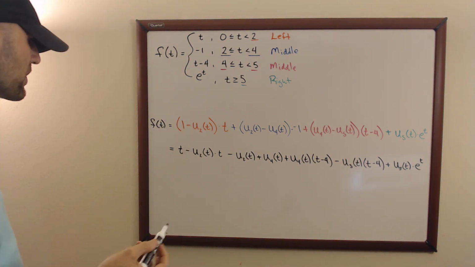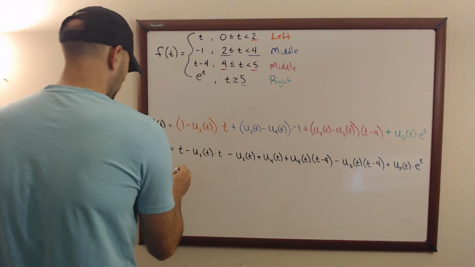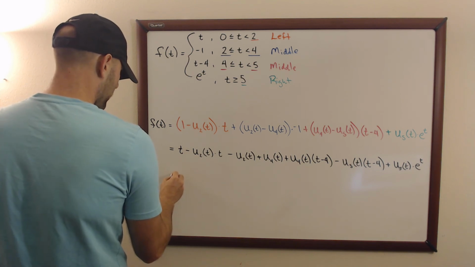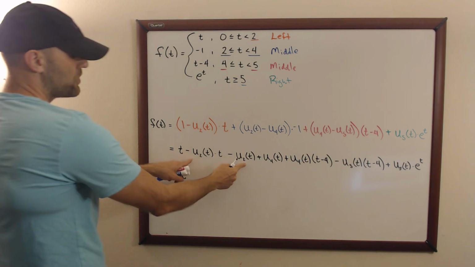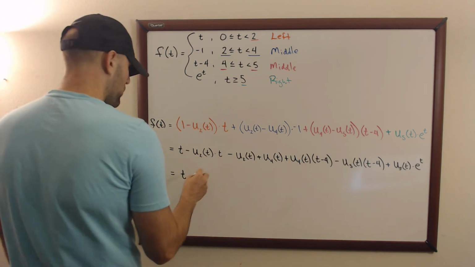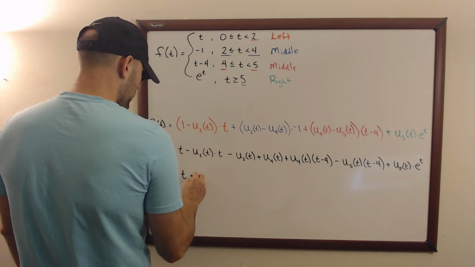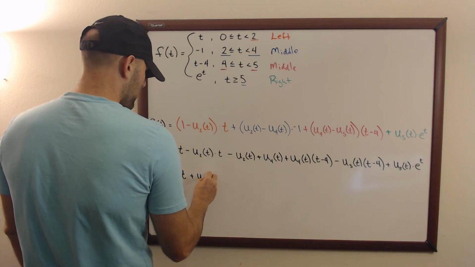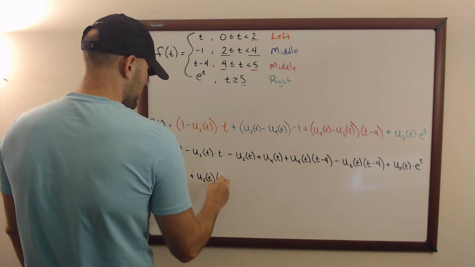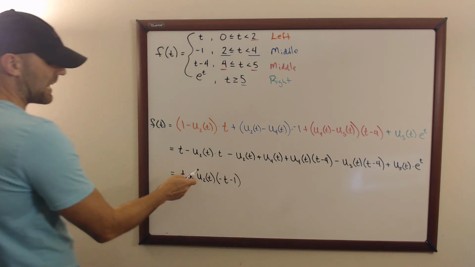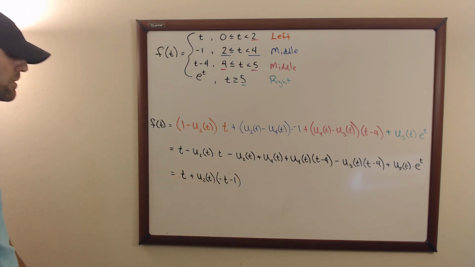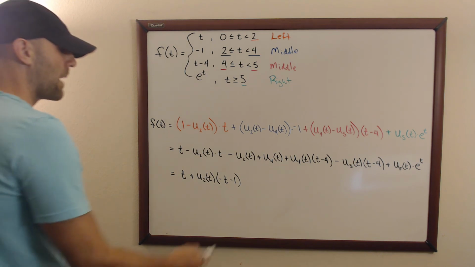All right, let's factor some stuff out here. I've got t. These two terms, I'll factor out u sub 2 of t, so plus u sub 2 of t times -t minus 1. You can factor out the negative if you want and make that t minus u sub 2 of t. It doesn't really matter.